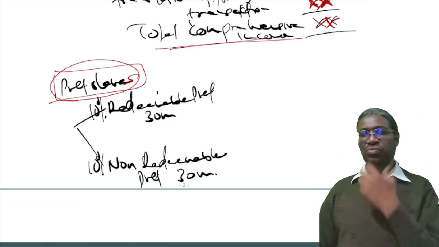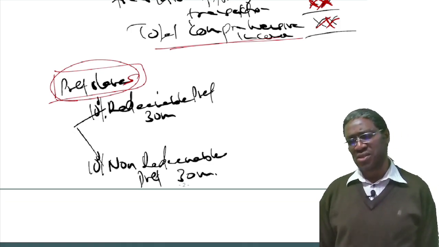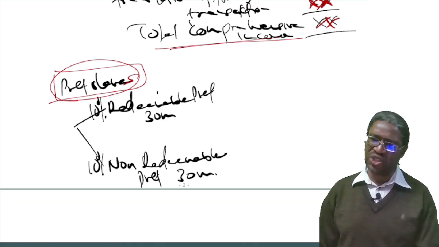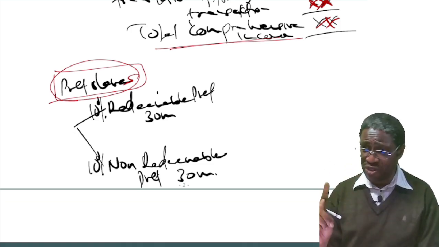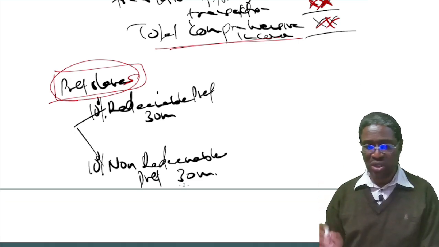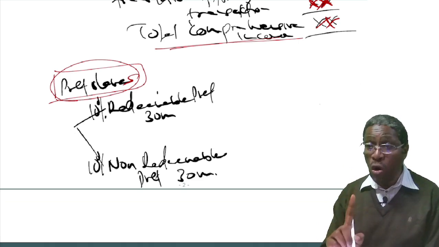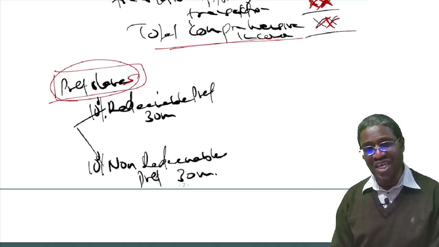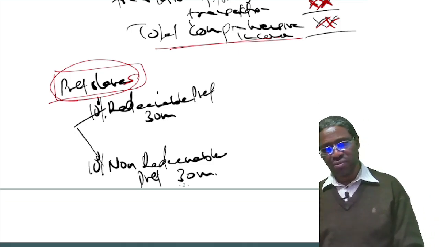Now listen, we say when you as a company want to raise finances, you can issue preference shares. And we said there are normally two types of preference shares that you can issue. You can issue a redeemable preference share, or as a company, you can issue a non-redeemable preference share.